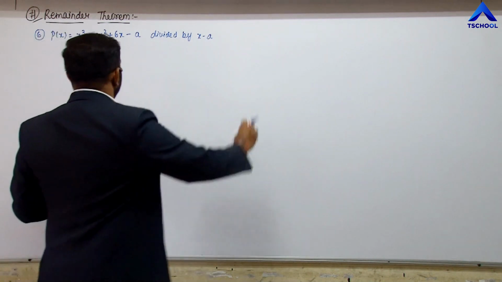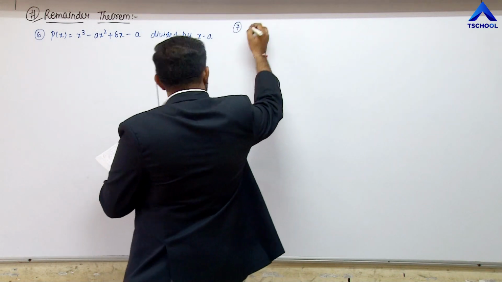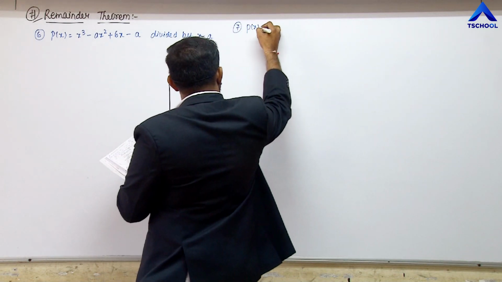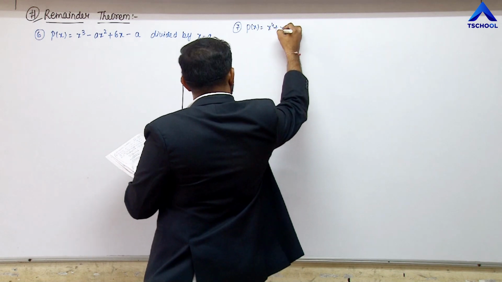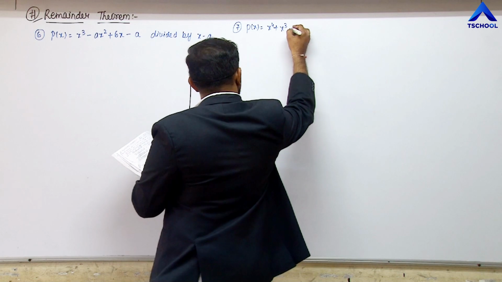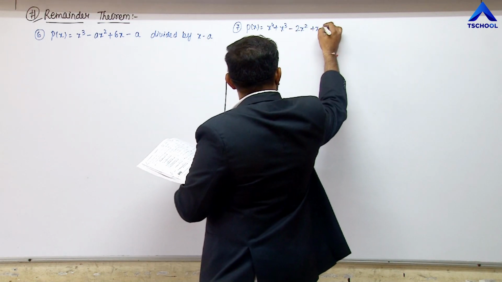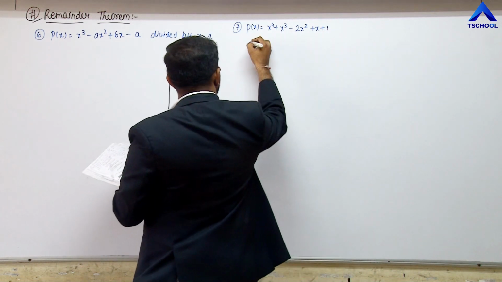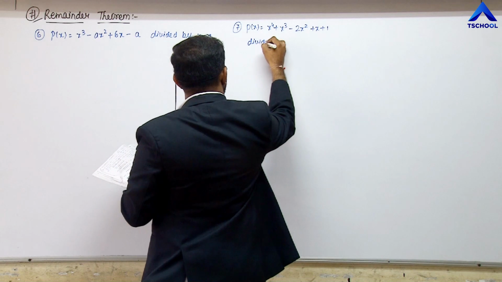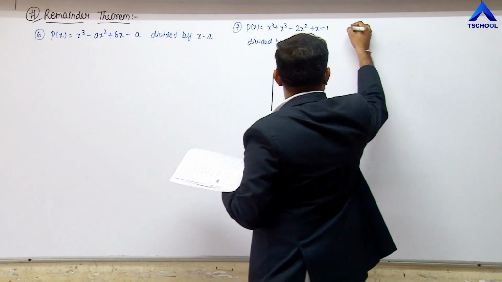The seventh one that I am solving here is p of x equals x raised to 4 plus x cube minus 2x square plus x plus 1, divided by x minus 1.